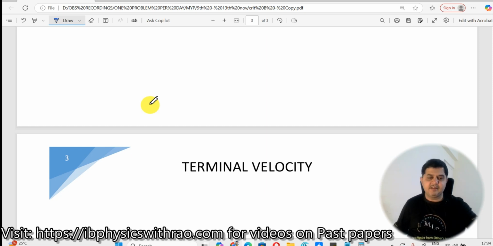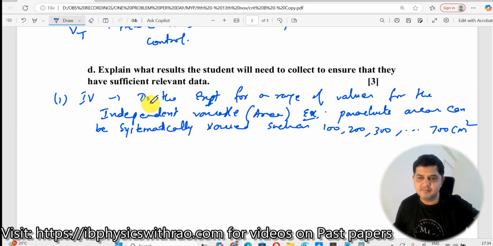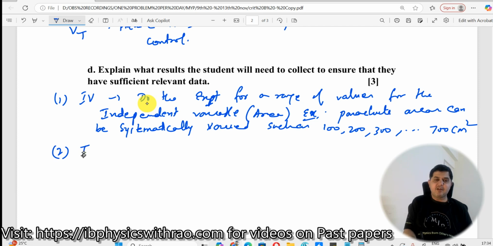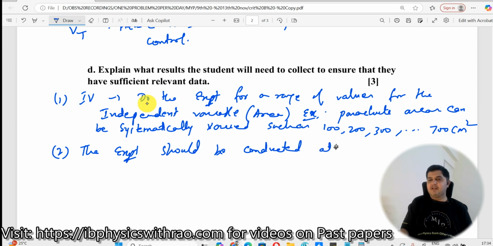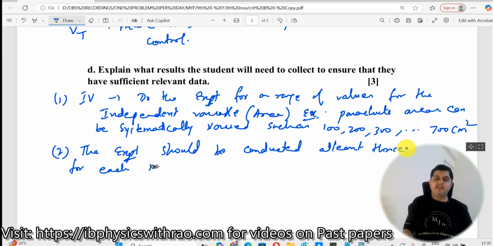Yeah. Then, this is only for 3 marks. We have written only for 1 mark. And then, the experiment should be conducted thrice for each observation.